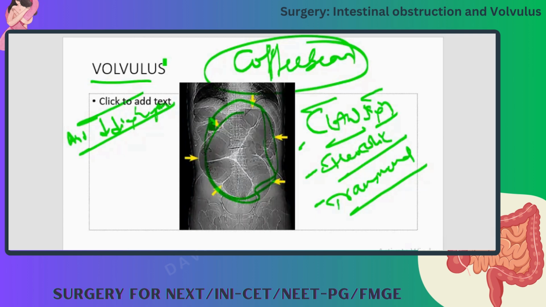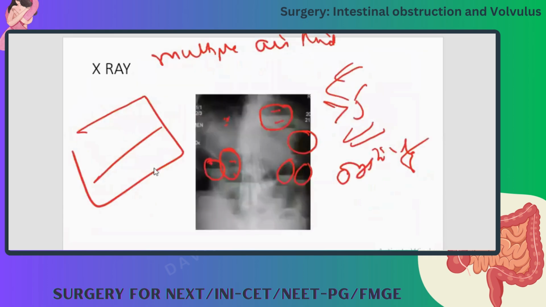If it is only on the left side, it is fundic gas shadow. And multiple air fluid levels in a step ladder pattern indicate intestinal obstruction. See this image, you will never forget. Classical image.